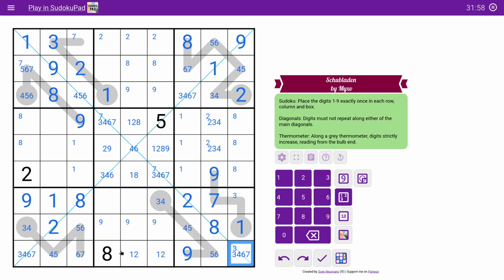If this is 6 or 7, then that makes this a 5, 4, 3. If this is 6 or 7, that's a 5, that's a 4, that's a 3, that's a 3. No good. Oh, and I already knew there was a 7 in this row, so. And there's a 7 there.